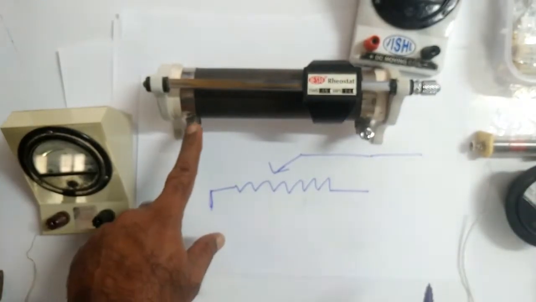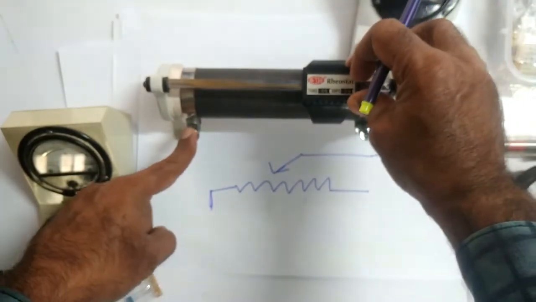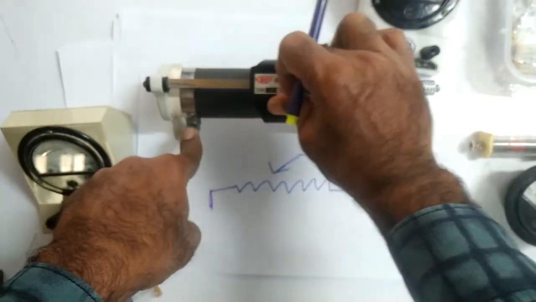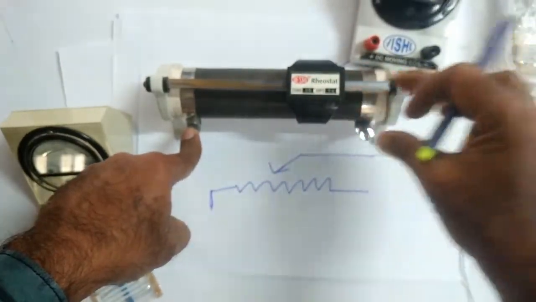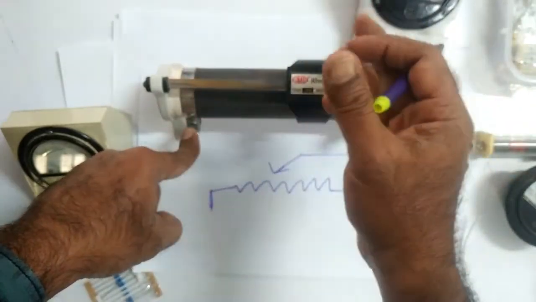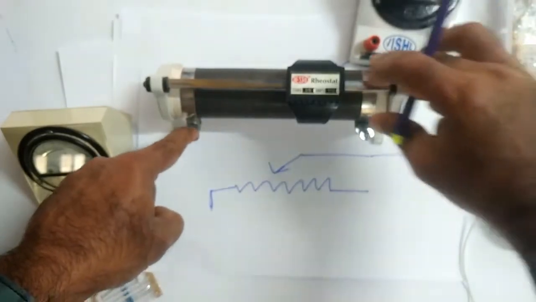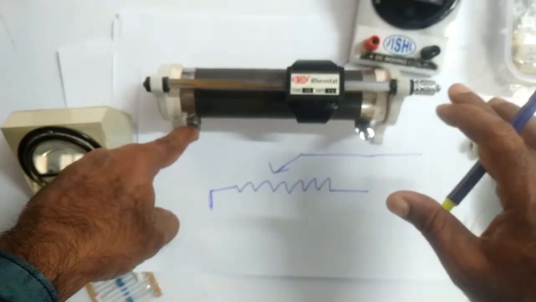So here you can see one end is here, another end is here, to make it a variable resistance. Right? If you want this to be used as a variable resistance, the resistance value should change: 1 ohm, 2 ohm, 3 ohm. Then here one connection, here one connection, you keep moving, it will change.